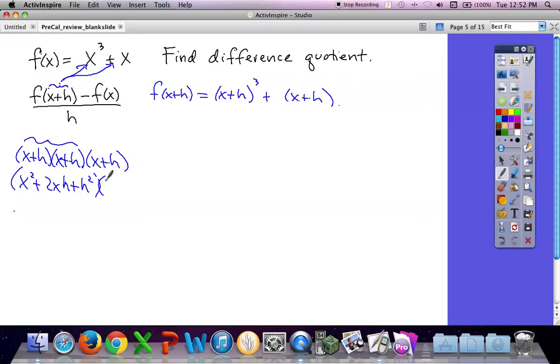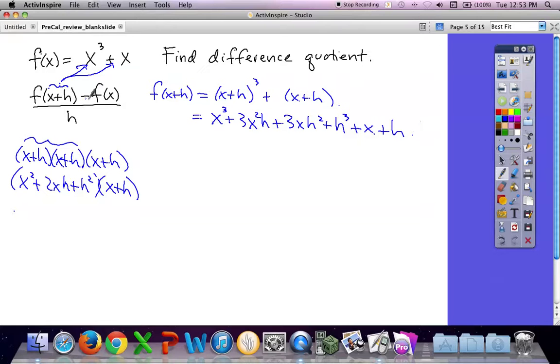And then you have to multiply that by x plus h. In this case, I'll tell you that it equals x to the third plus 3x squared h plus 3xh squared plus h to the third plus x plus h. You can go ahead and multiply that to see, but that's what it equals.